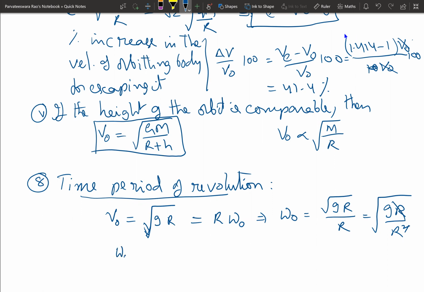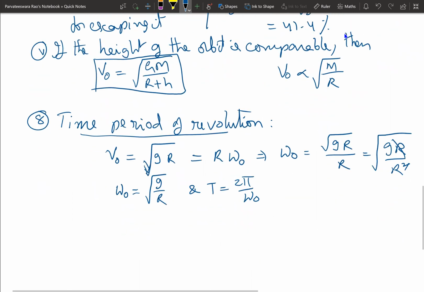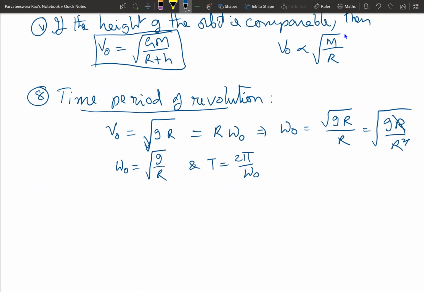Therefore, angular orbital velocity comes out to be root g by R. And we know T is equal to 2 pi by omega naught. Therefore, the time period of revolution of satellite is given by 2 pi root of R by g.